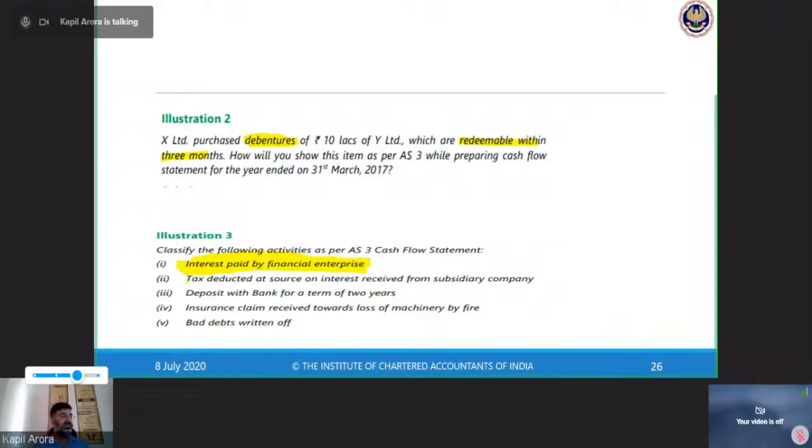Tax deducted at source on interest received from subsidiary company. Financing, operating, or investing?